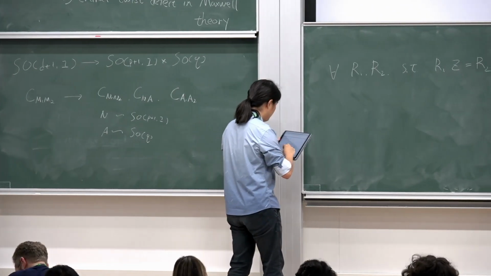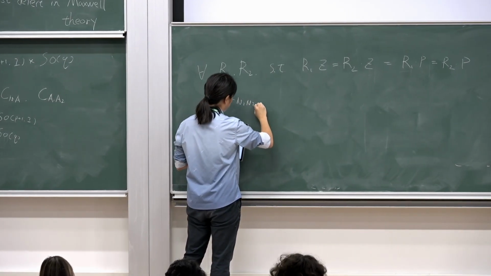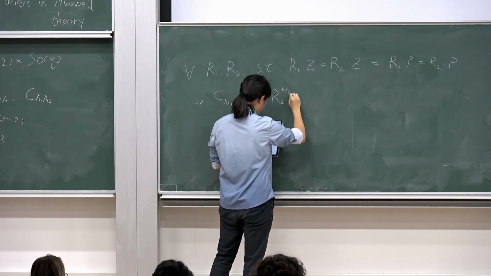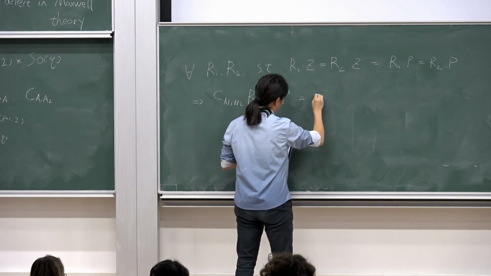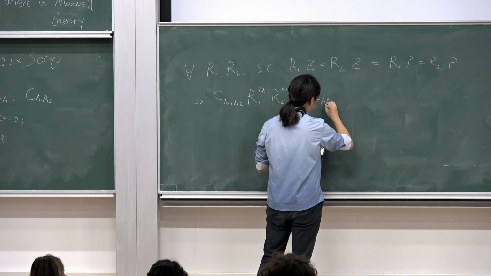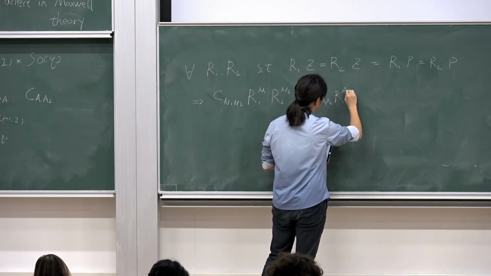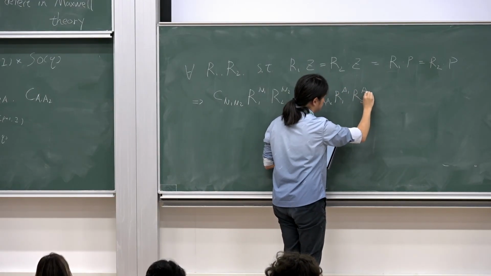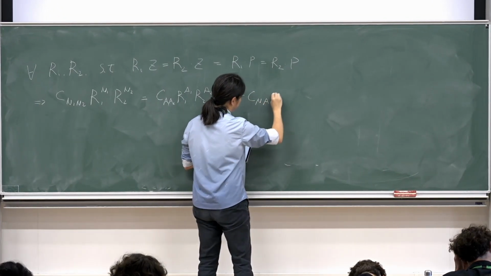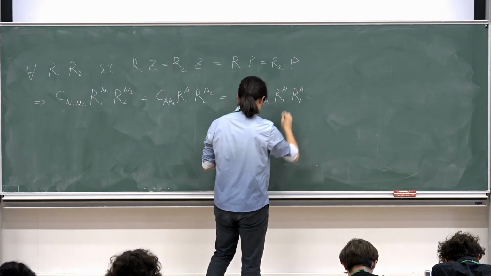You can verify that these tensors are not independent. They are linearly related with each other, as long as they contract with themselves. Okay?